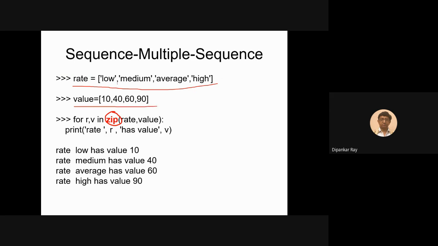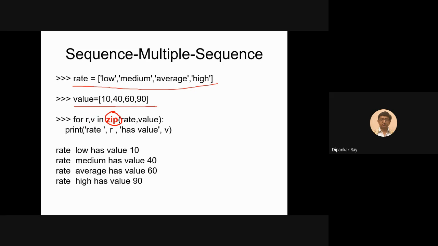Right. Now I want to club these two. Club low with 10, medium with 40, average with 60, and high with 90. This is my target. The function is zip. So I have written for r, comma v in zip rate, comma value.